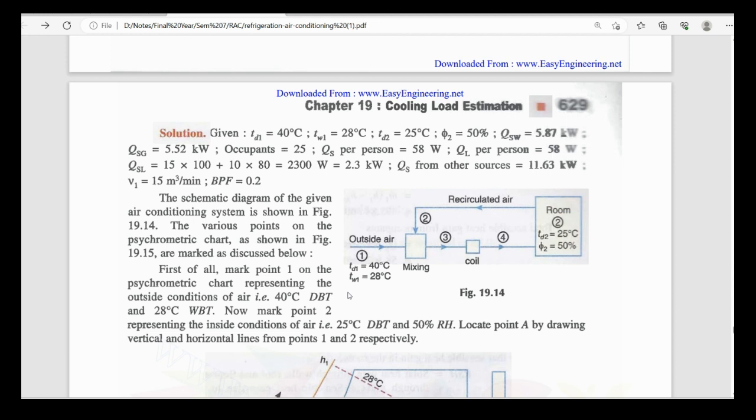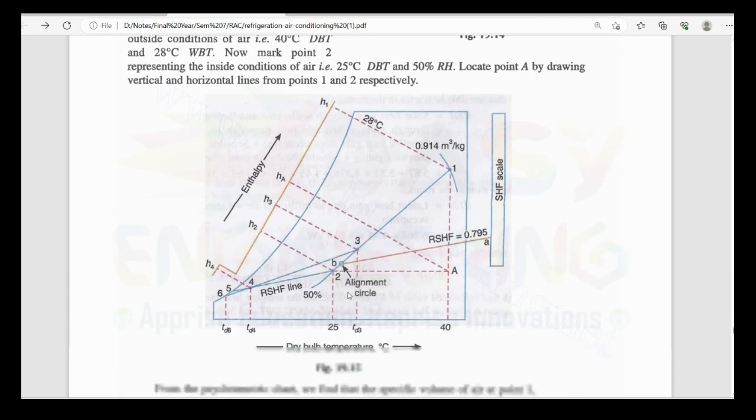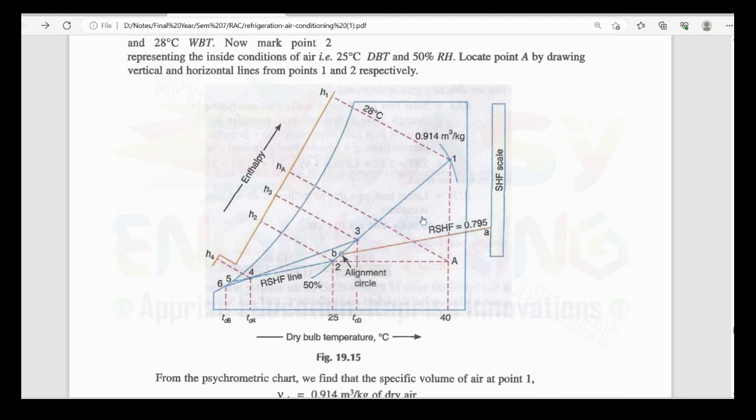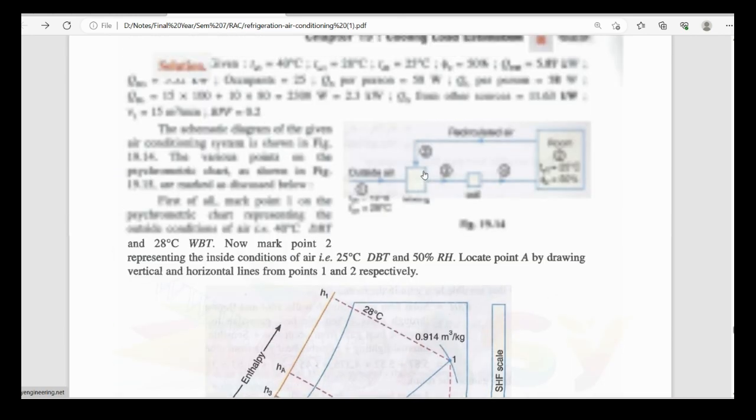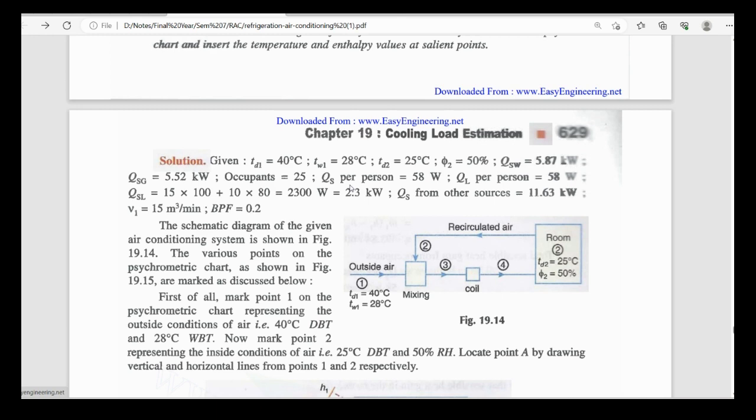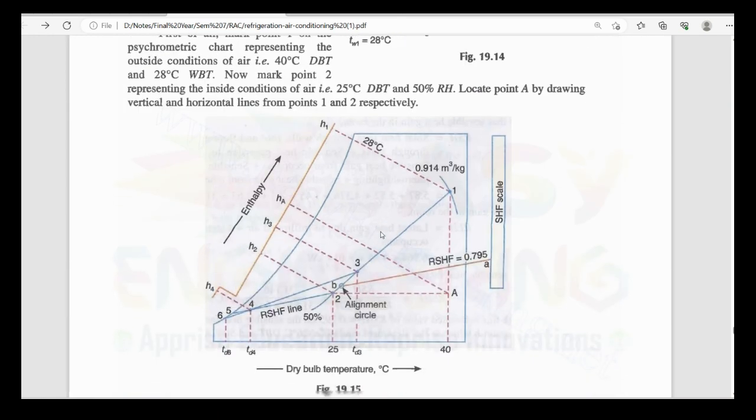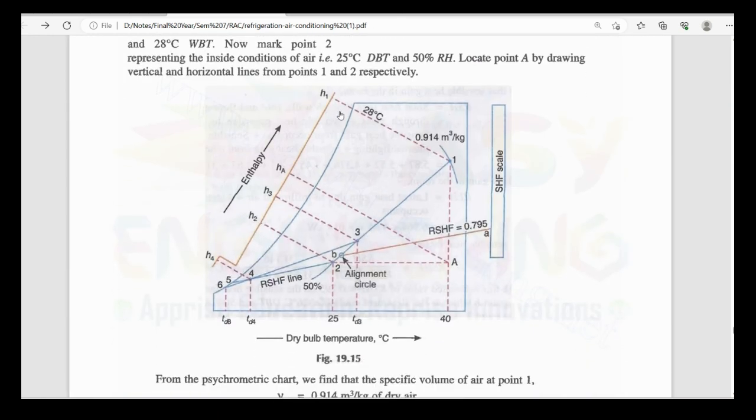So initially, first we have to take a psychometric chart, and here we can see we initially draw point number 1, which is our outer point. The outer point is given as 40 degrees DBT, and for point number 1 the WBT is 28 degrees Celsius and DBT is 40 degrees Celsius.